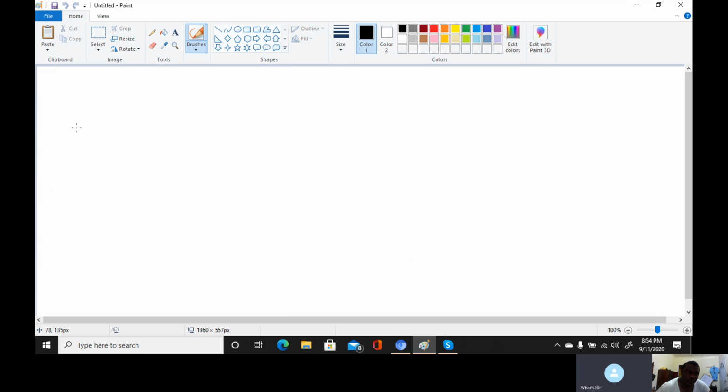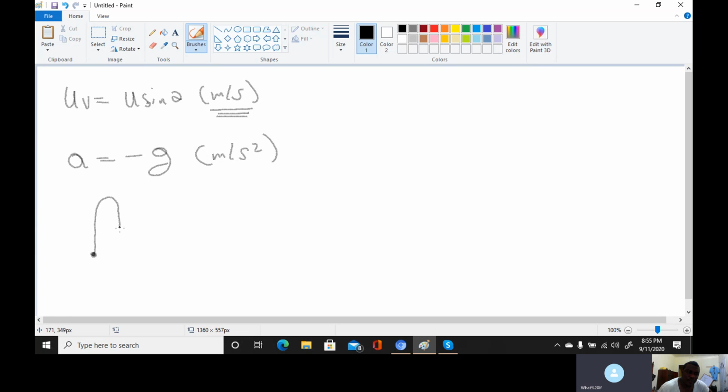All right. So for your vertical motion, you know that your initial vertical velocity is u sine theta meters per second. So this unit is to remind us that we're talking about velocity. Your acceleration is negative g meters per second squared, acceleration due to gravity. But what about when the projectile moves up and it comes back down like this?